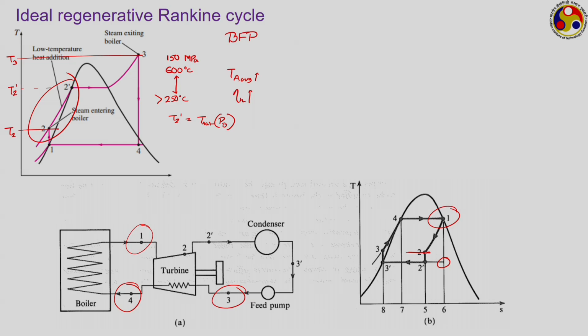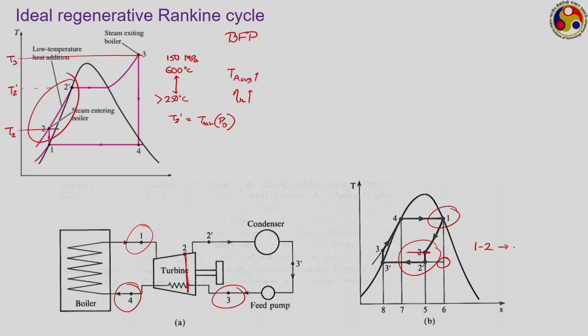2 is the point up to which you have this regeneration going on. After this point 2 to 2 prime, it is a normal turbine expansion, that is isentropic expansion, when it is not in the vicinity of any kind of feed water. But the 1 to 2, that is the turbine expansion, can be divided into two parts.